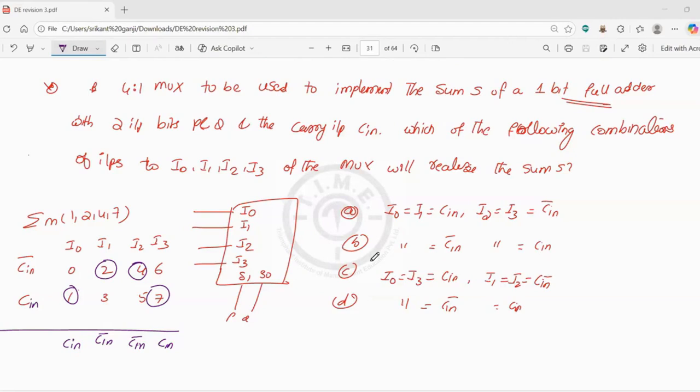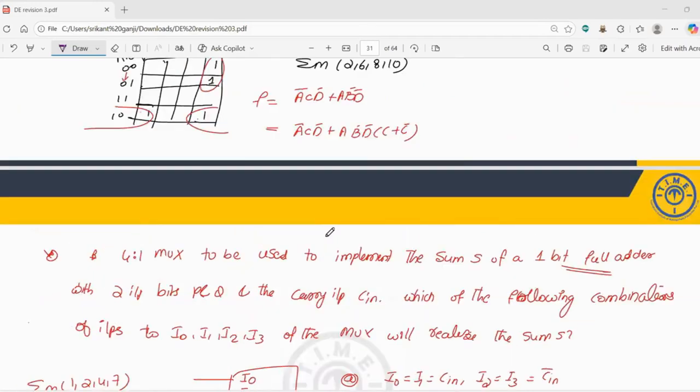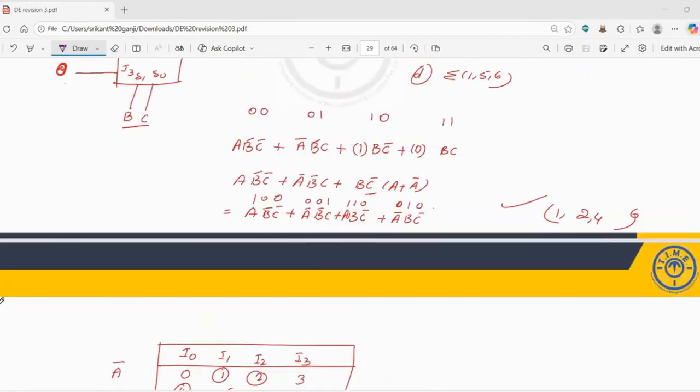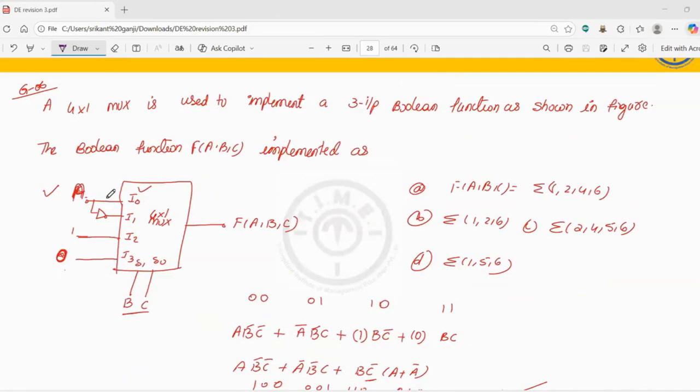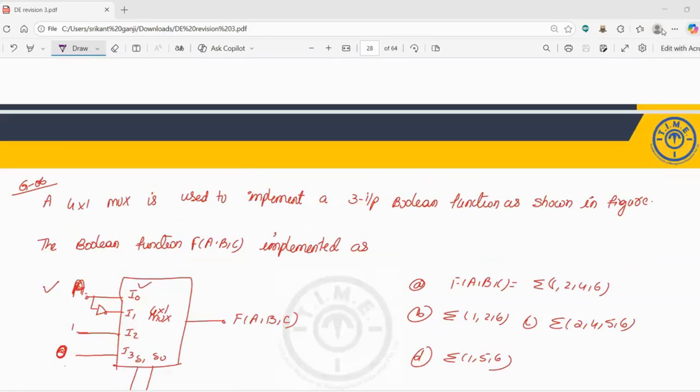So based on the diagram we will take. So the previous diagram is different. Here the previous diagram is different. I mean input C is different.